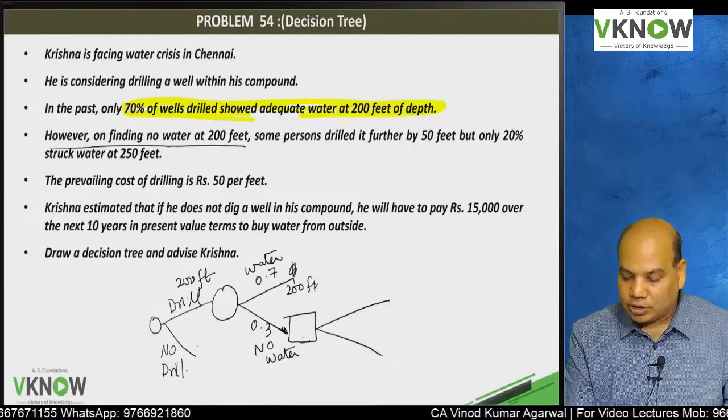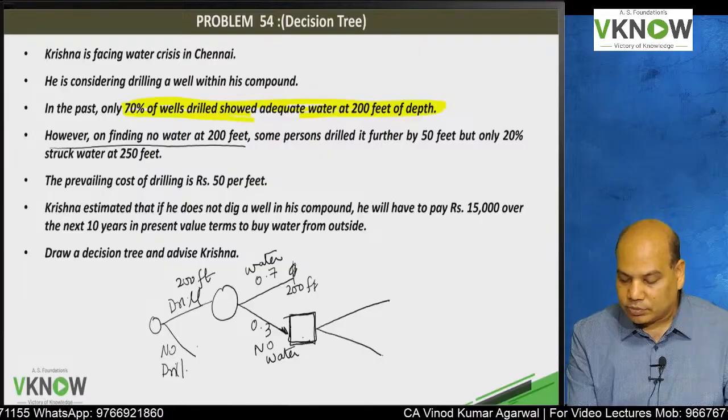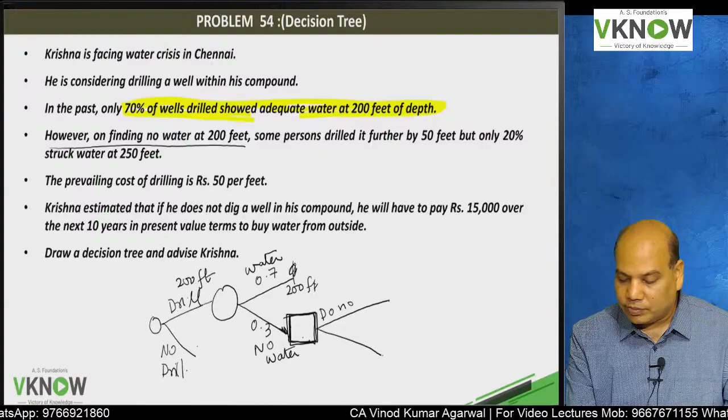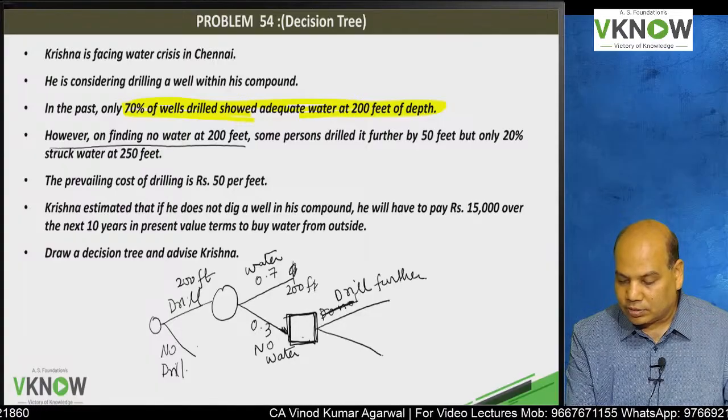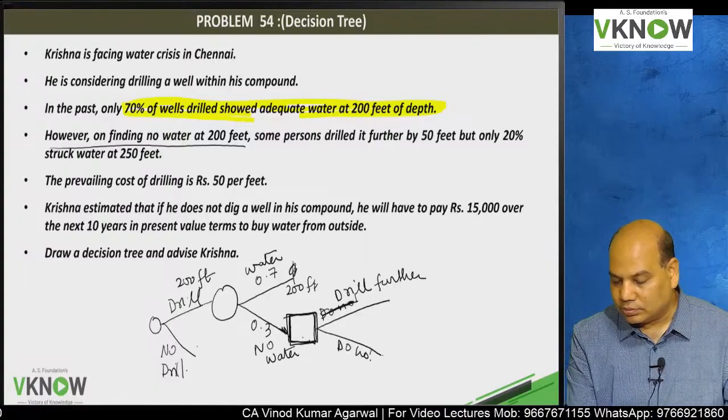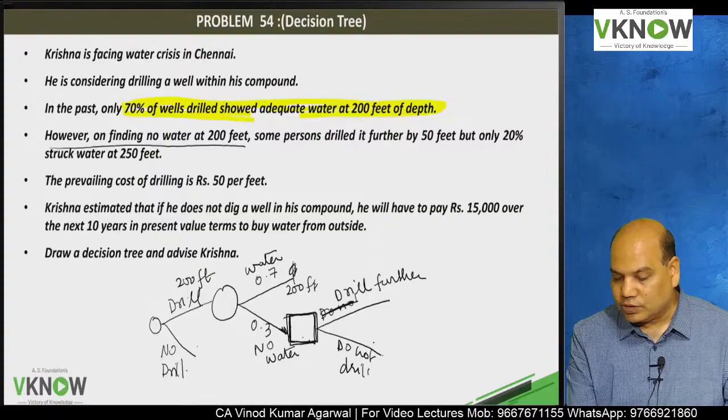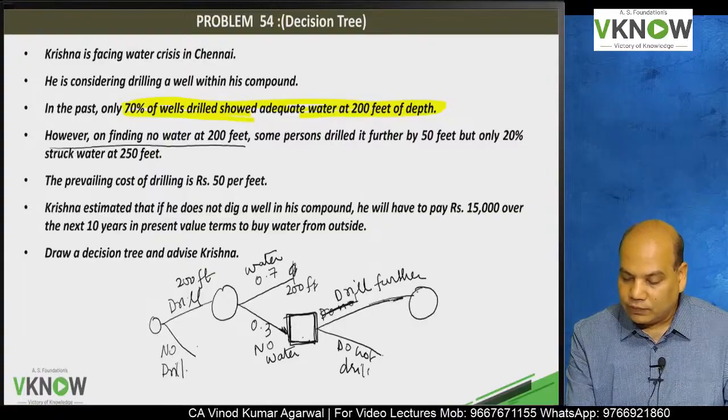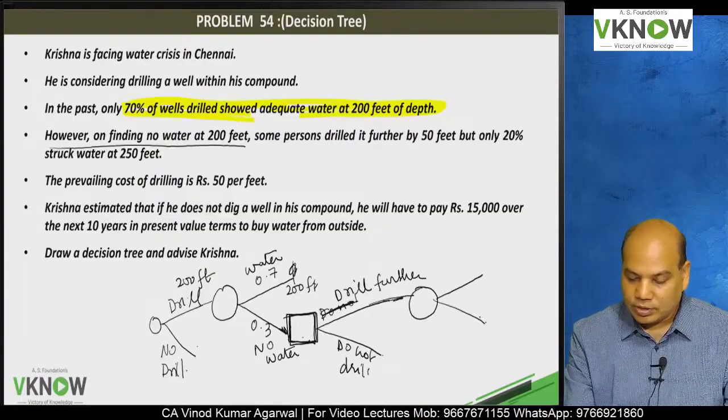If you do not get water, you have to make a choice. What is the choice? Drill further 50 feet, or do not drill. You have a choice here. If you drill further 50 feet, again there are two possibilities.